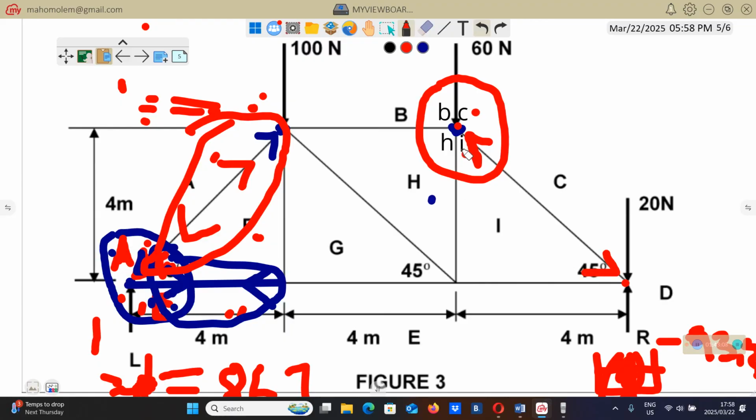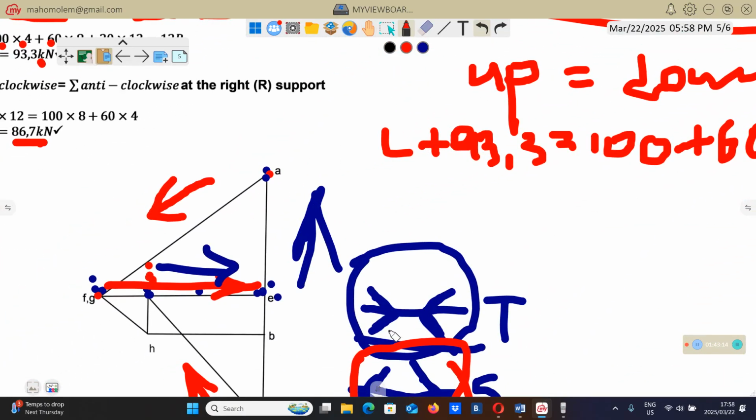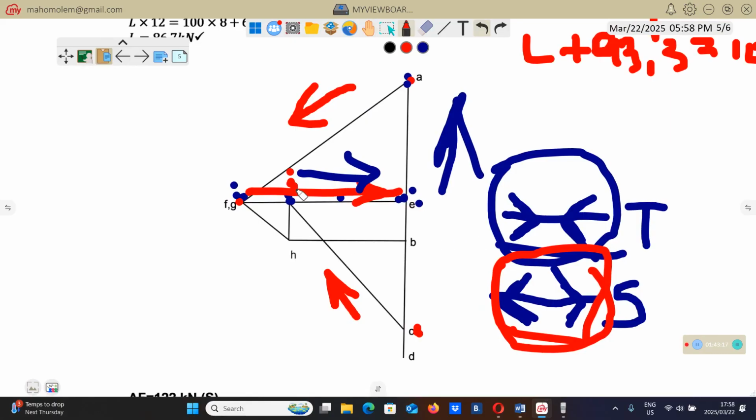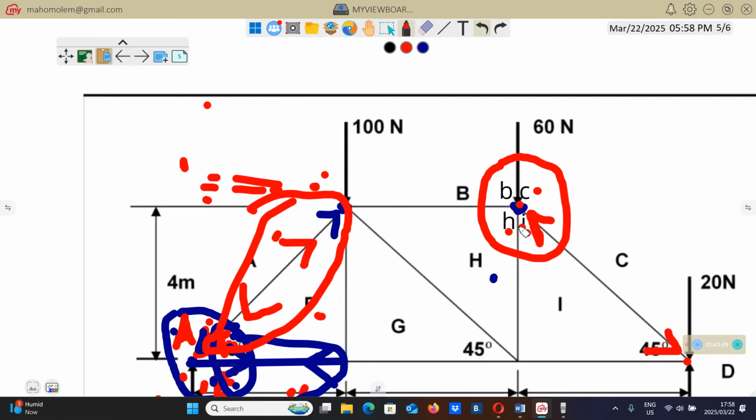Okay, you move now from I to H. Let's come here and check from I to H. From I, which is this, to H, get down. So from I to H, you will be going down. You draw a downward direction.